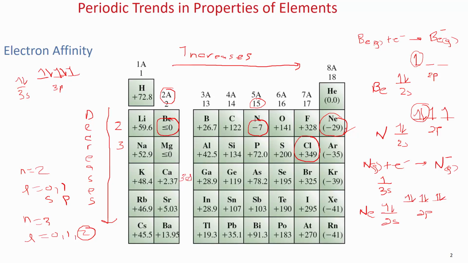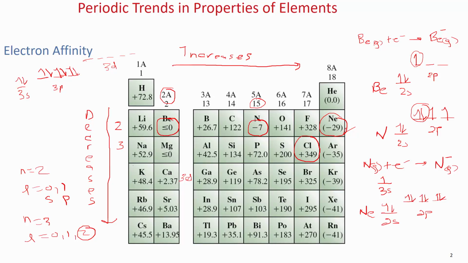So because there's the unfilled 3D sublevel, chlorine can accept an electron more readily than fluorine that does not have the D sublevel. Even though it's accepting it here, because there's more space, so to speak, chlorine can accept that electron more readily.